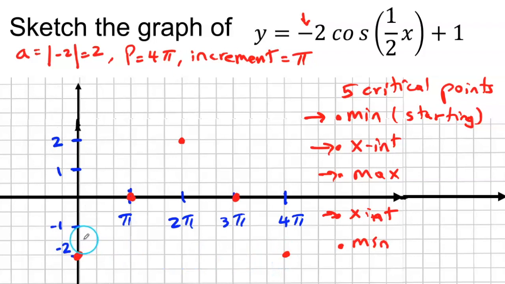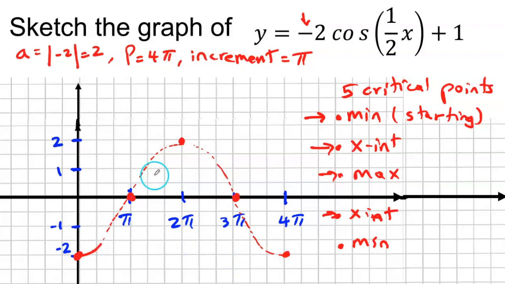Okay, remember, this is not a V shape. It's a cosine function, therefore it comes with a nice little curve.